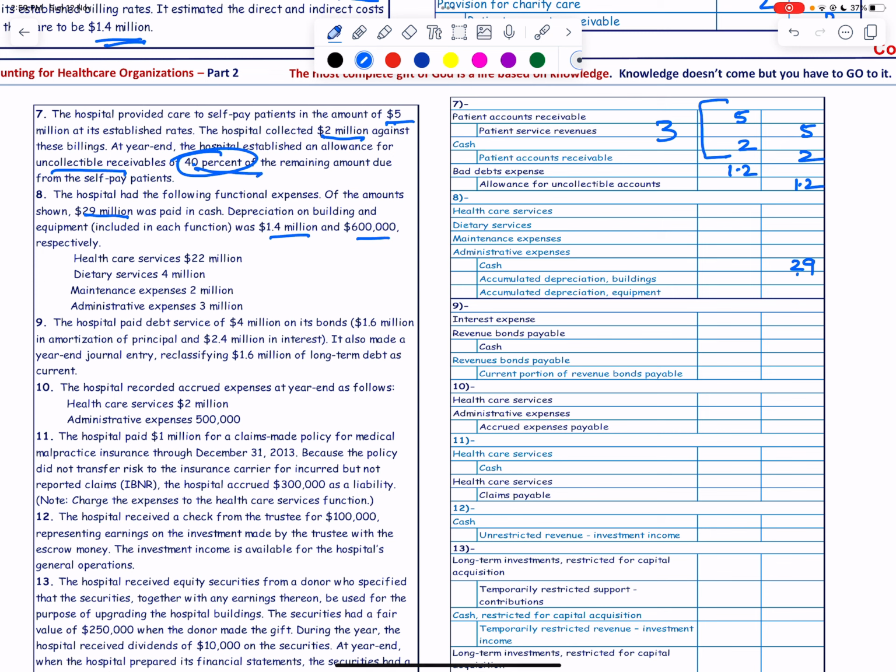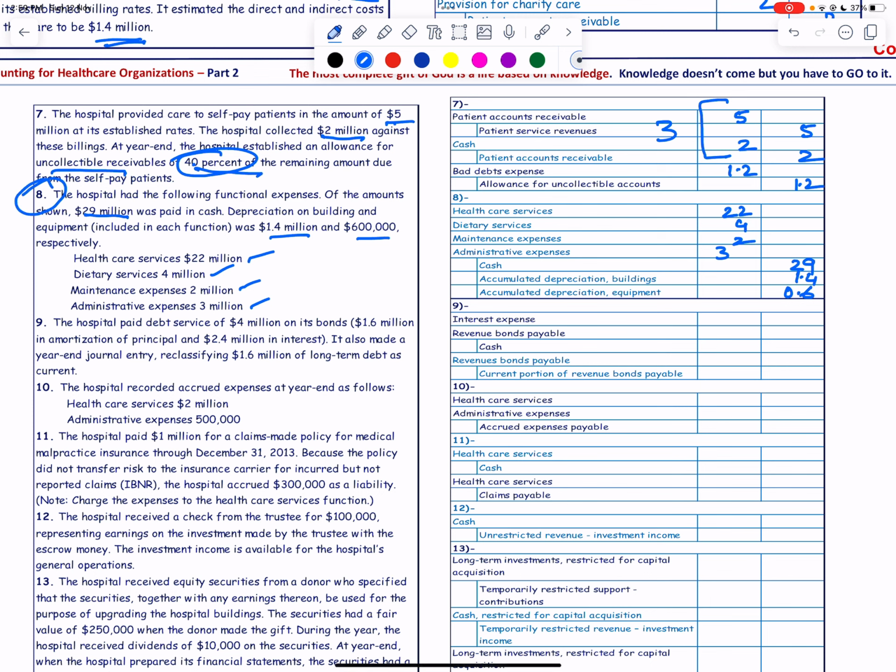So 1.4 million and 600,000. We have healthcare for 22 million. Then we have dietary services for 4 million. We have maintenance expenses of 2 million. And then we have administrative expenses for 3 million. So that's how we record transaction number 8.